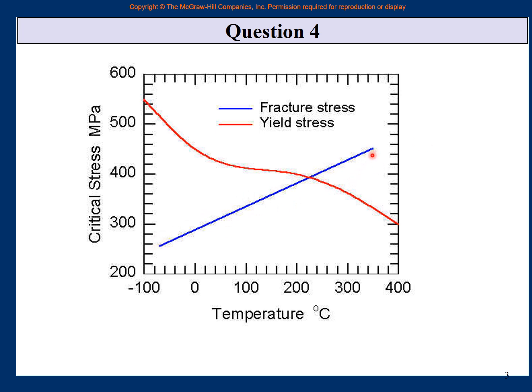and this will be a straight line. But for the yield stress, remember, right, the equation is given in the question already. So at minus 100, find the value at 0, find the value at 100, find the value at 200, at 300, at 400, and this graph is roughly like this, right? So I have tried to divide from 100 to 200 into equal intervals and so on.